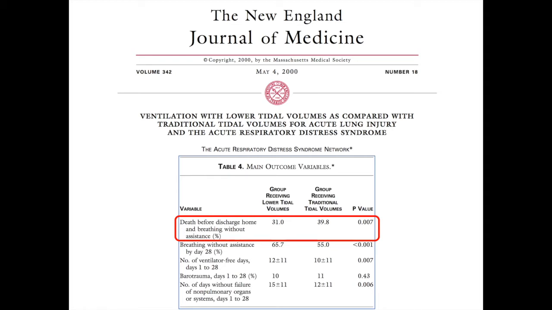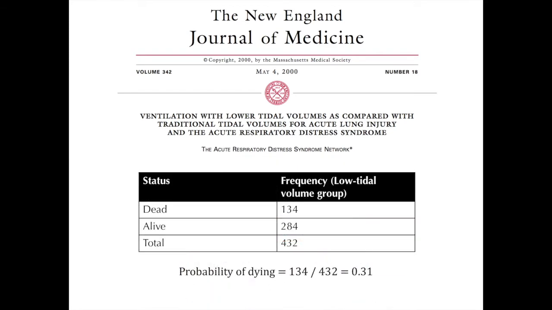So if we were to randomly select a patient who was randomly assigned to the low tidal volume group, that patient's probability of dying is 0.31, as opposed to 0.398 in the traditional tidal volume group. In real-life practice, this probability of 0.31 is an estimate of the probability of dying in a patient with ARDS requiring mechanical ventilation if he or she was ventilated with 6 milliliters per kilogram of tidal volume.